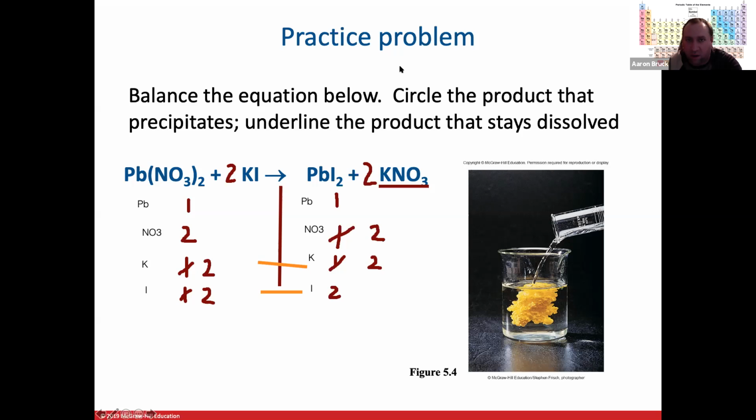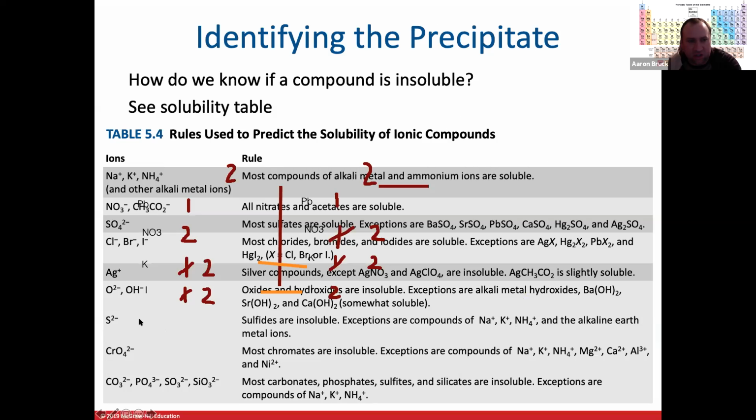Now, by process of elimination, we can determine that the lead 2 iodide is the yellow compound here. Let's see if we can't do a little bit better than that. Let's look at the sheet. Chlorides, bromides, iodides. We can see that iodides are usually soluble. Exceptions are silver, mercury, and lead.